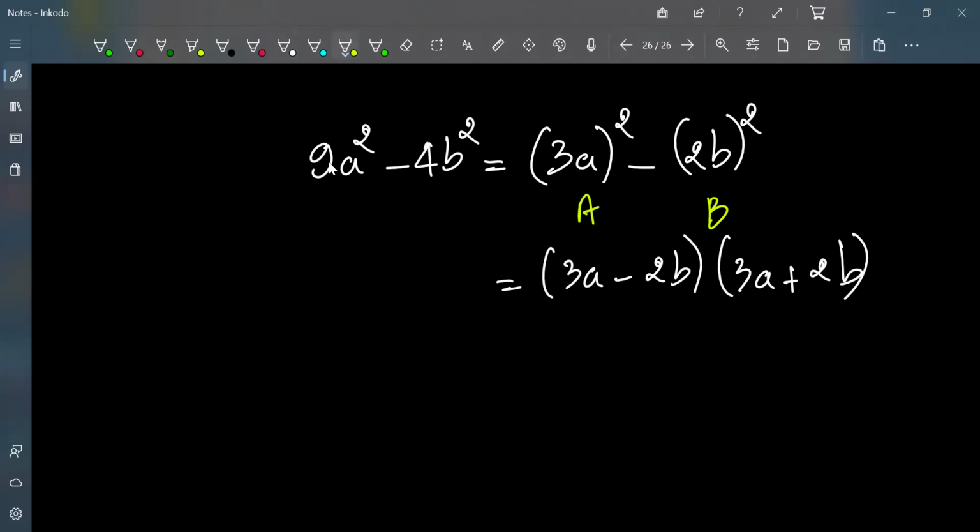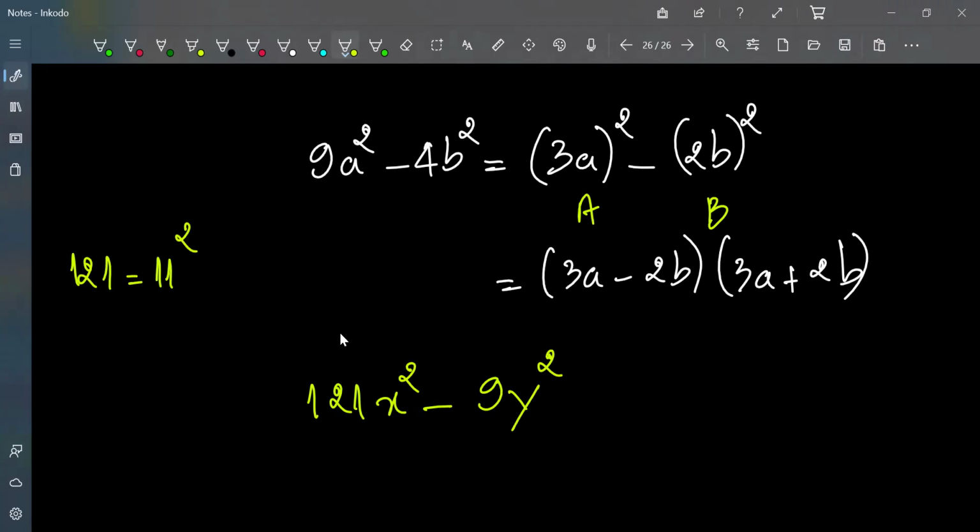Okay, so now let's move to another example. Let me think about another example for you. If I have 121x square minus 9y square, you know that 121 is equal to 11 square, and 9 is equal to 3 square.